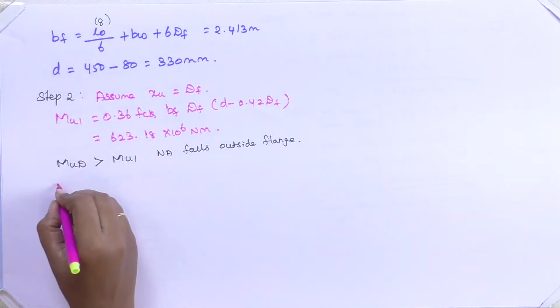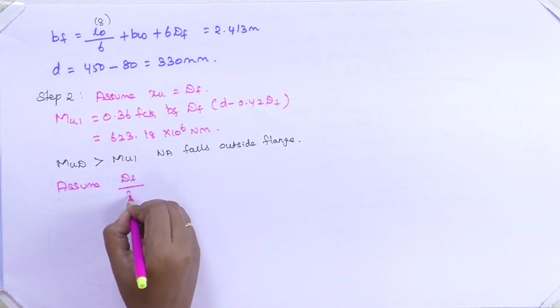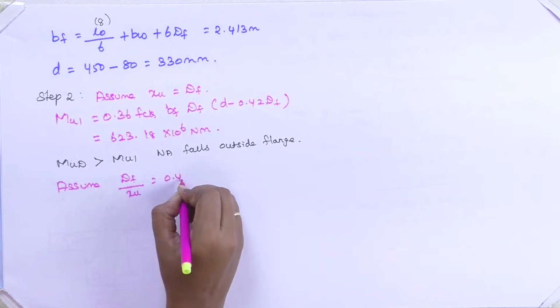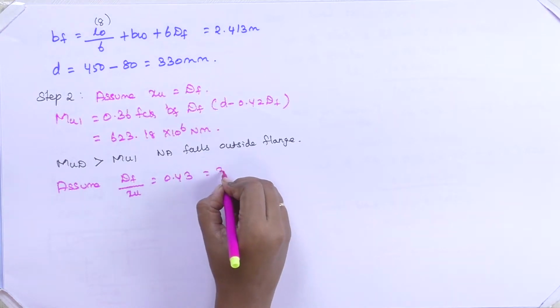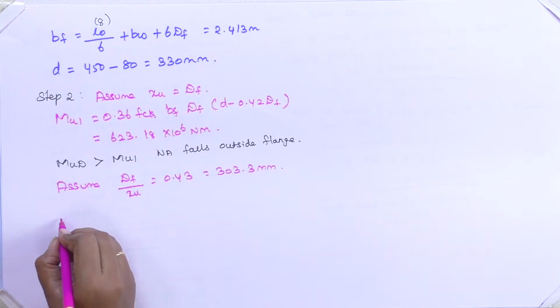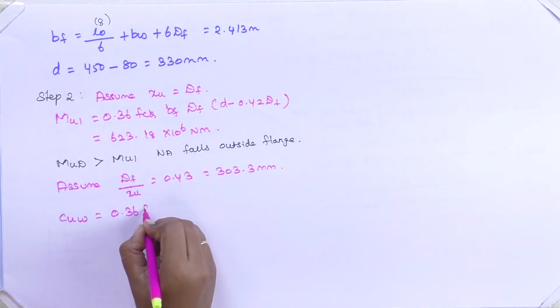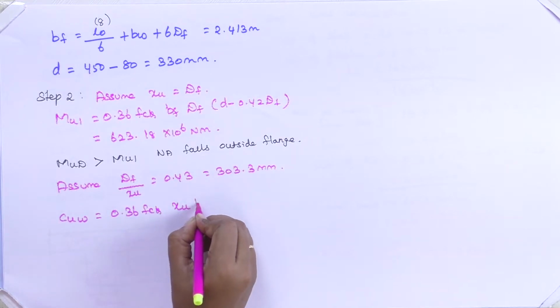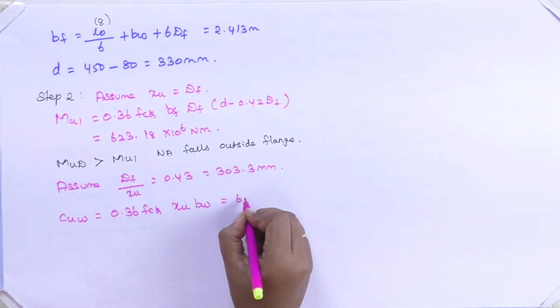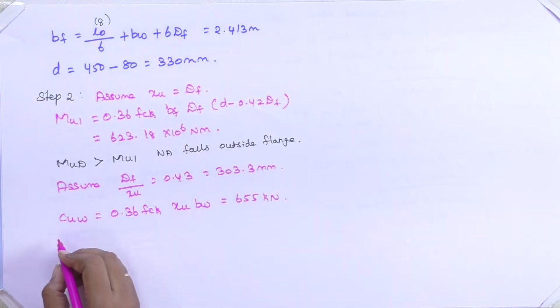Then second assumption, assume DF by XU is equal to 0.43, that is equal to 303.3 mm. So CU, that is the web portion, 0.36 FCK XU into BW, that is equal to 655 kilonewton force.